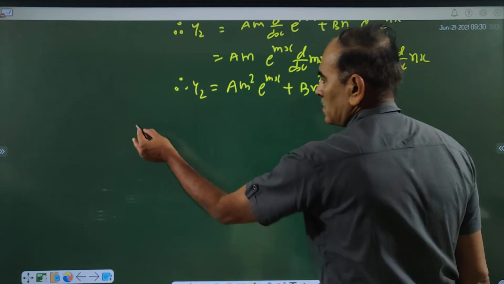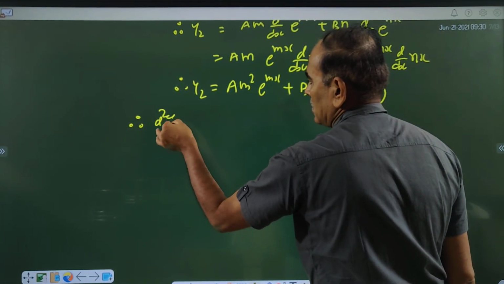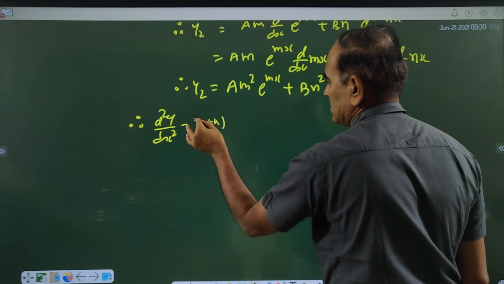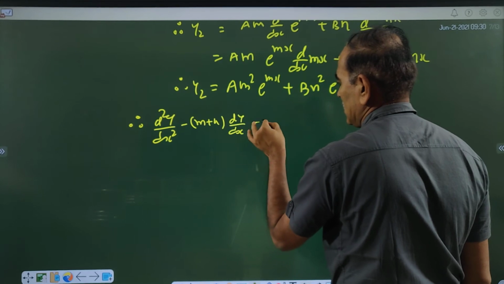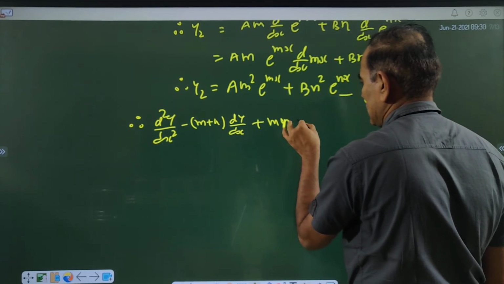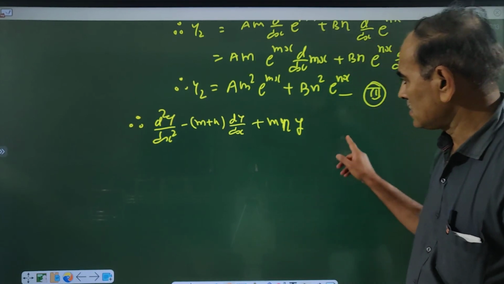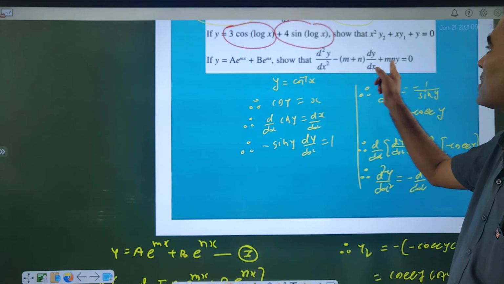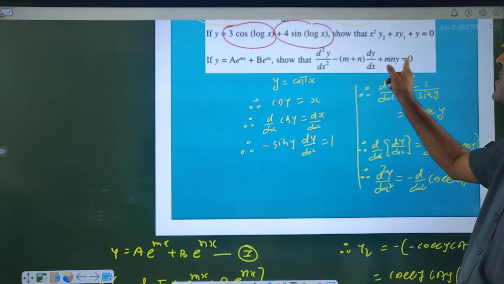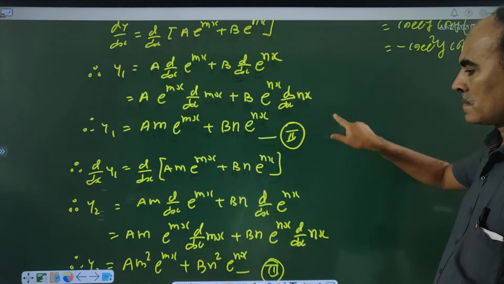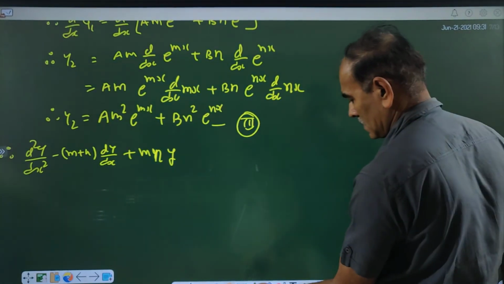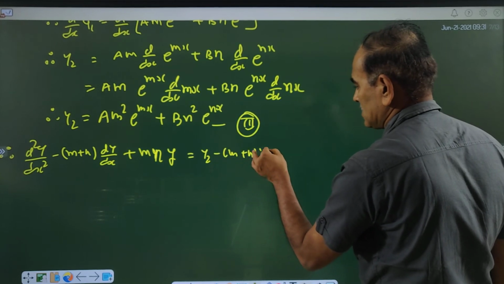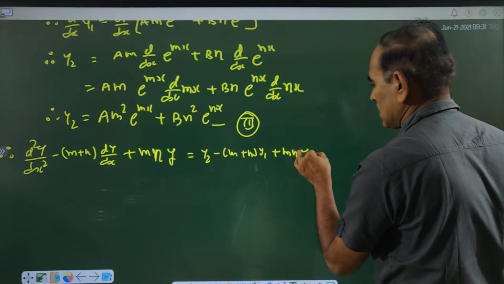Now what we want to prove? We want d2y by dx square minus (m plus n) into dy by dx plus mn y. That is equal to y2 minus (m plus n) into y1 plus mn y.